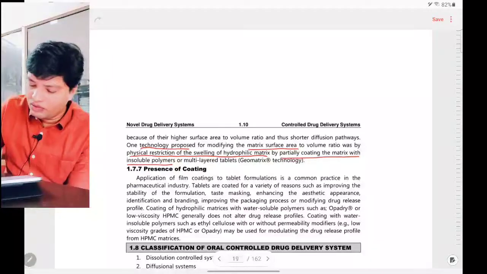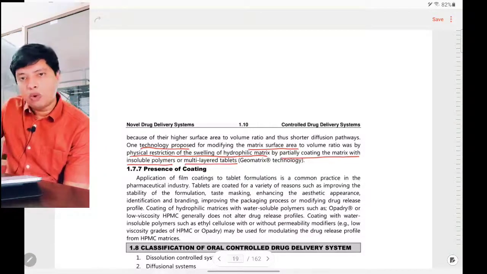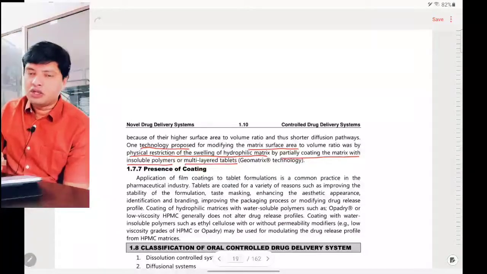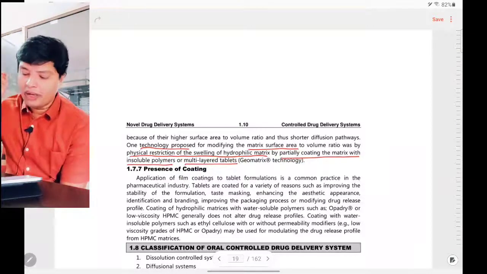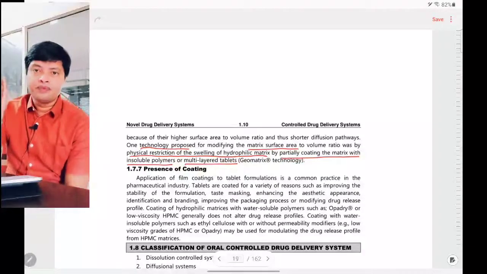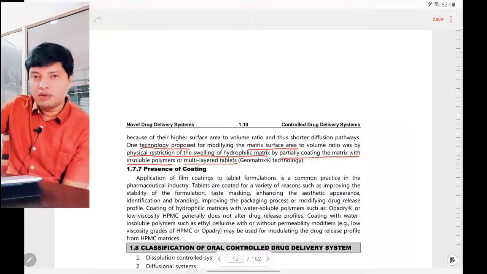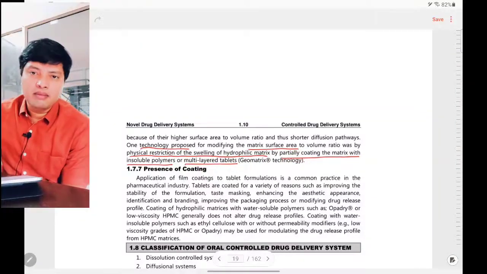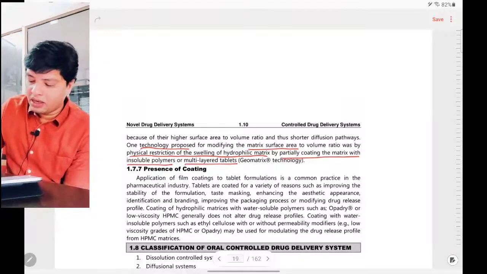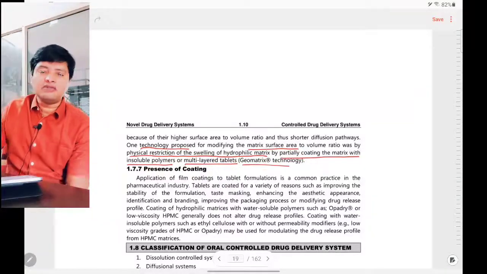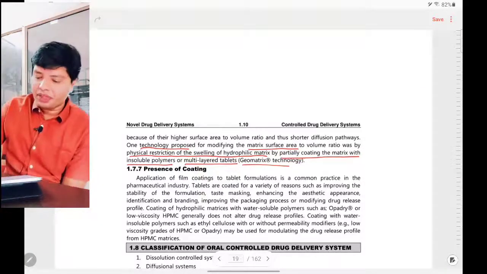Or you can go for a multi-layer tablet also, instead of coating with insoluble polymer. Remember the GPAT question: how can you restrict the physical surface area? Coating with the insoluble polymer, or by converting the tablet to multi-layer. The technology here is Geomatrix technology, which is already available for us.